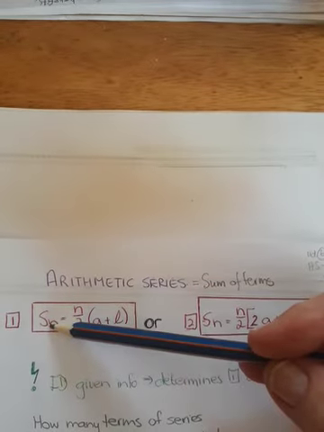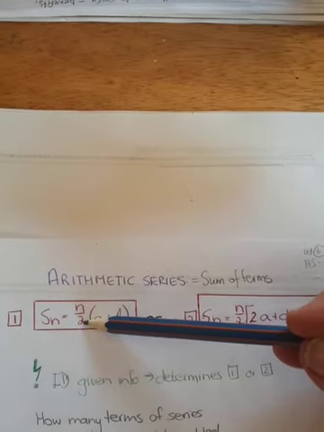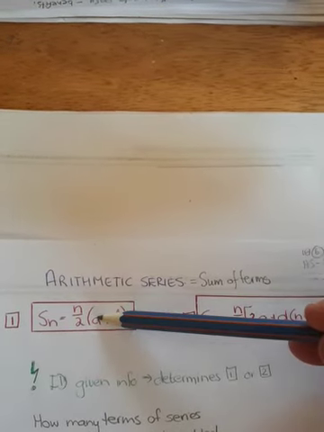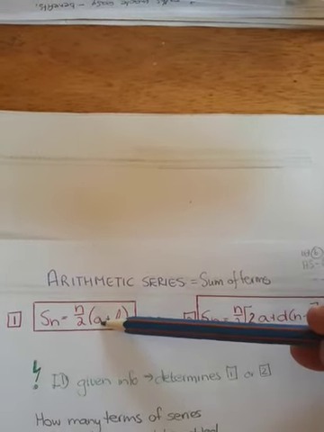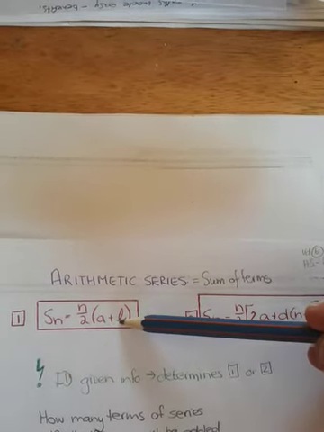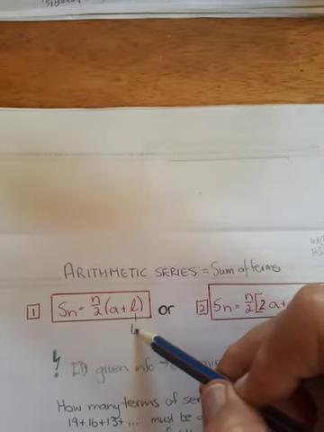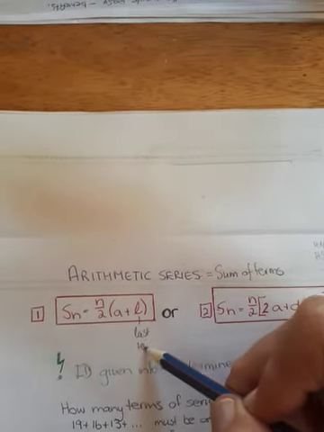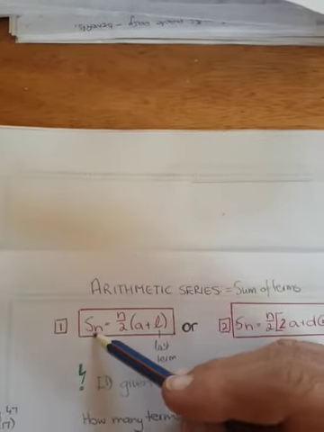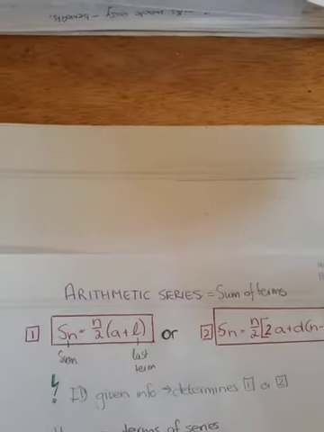The one is Sn, standing for the sum, equals n, the position, divided by 2, multiplied by the sum of the first term, which stands for a, and the last term, which stands for l. So that's new, the last term, and Sn stands for the sum of a number of terms.